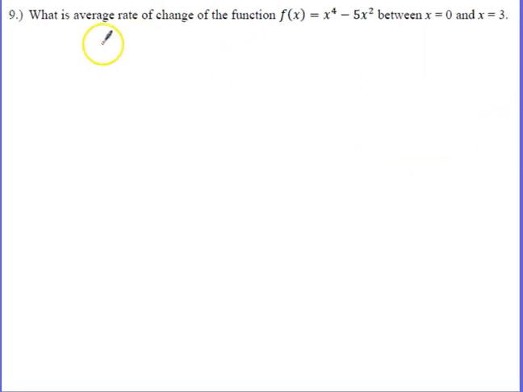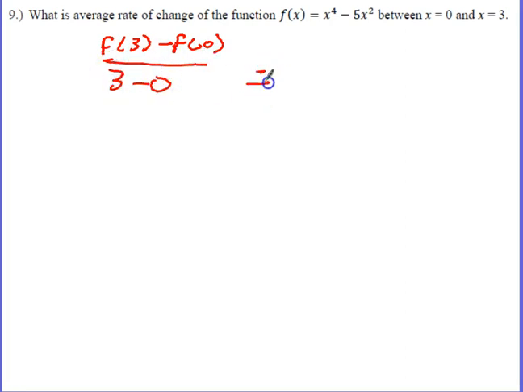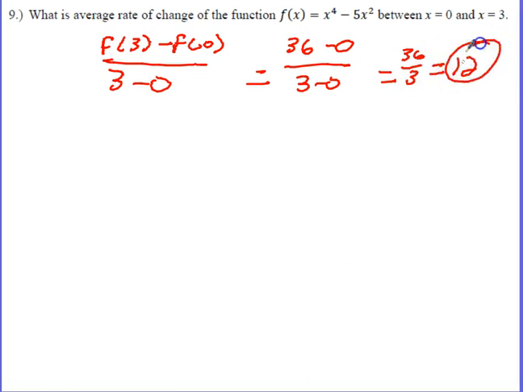Same exact thing here. So we'll do f of 3 minus f of 0 all over 3 minus 0. So when I plug in 3, I get 36. When I plug in 0, I get 0. 3 minus 0. So it ends up being 36 over 3, which is 12.